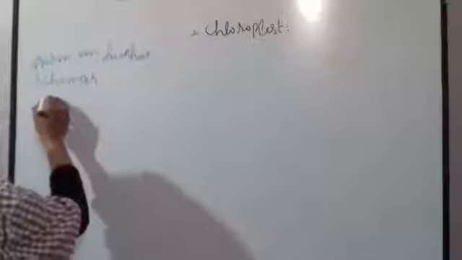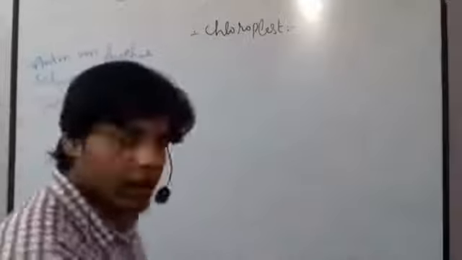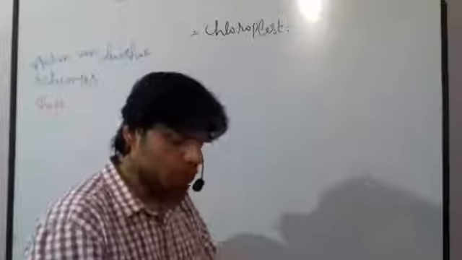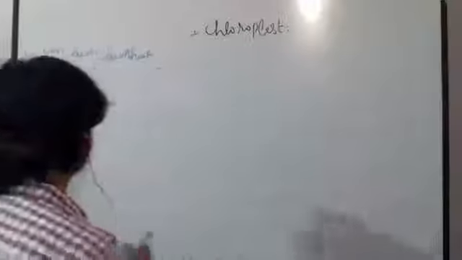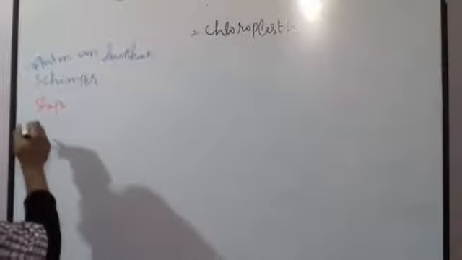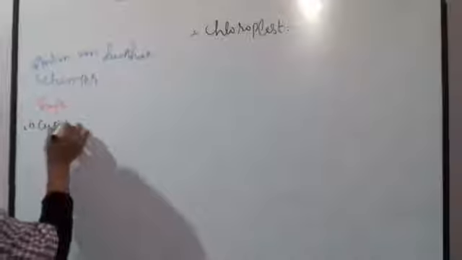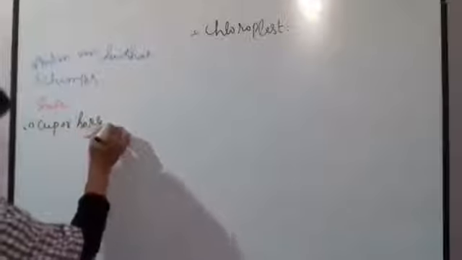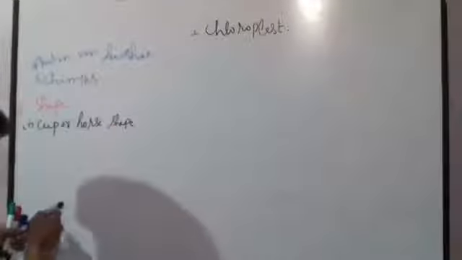If we talk about the shape of the chloroplast, in different cells we have different kinds of chloroplast. For example, in Chlamydomonas we have a cup-like shaped chloroplast, or we can say horseshoe-like shape. So the first shape is the cup or horseshoe shape.